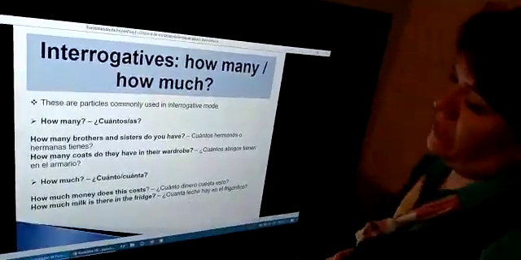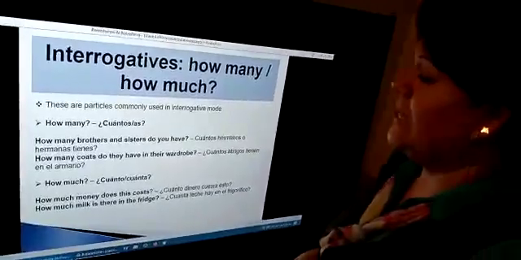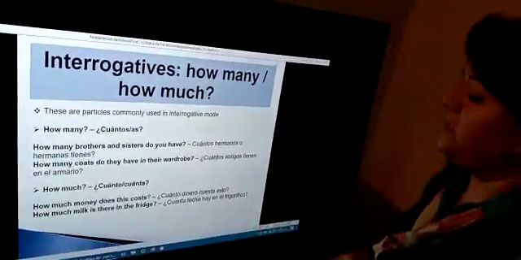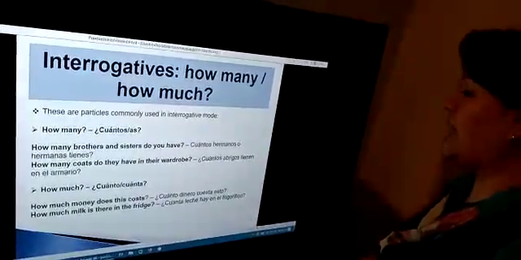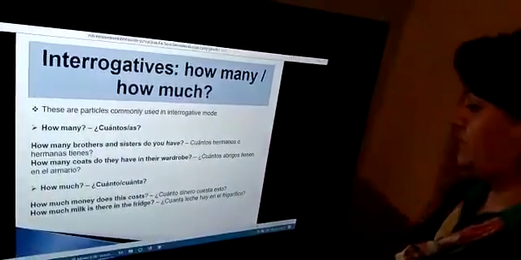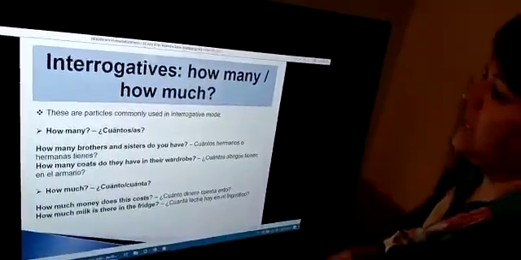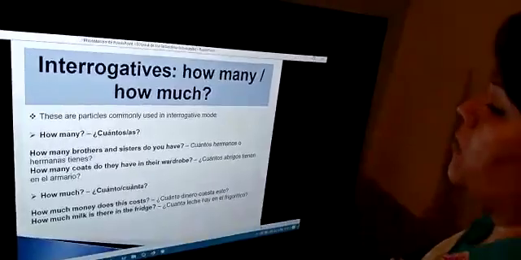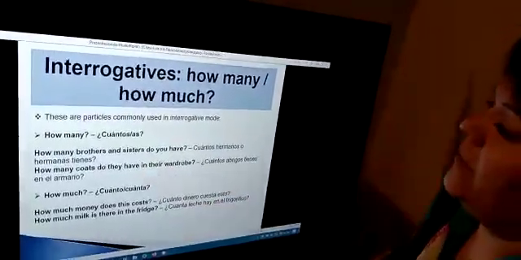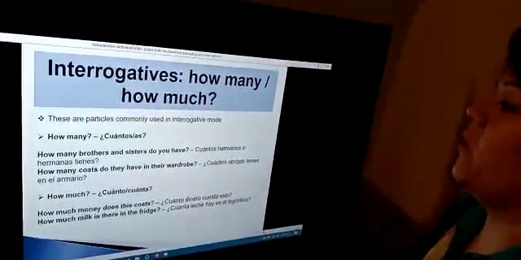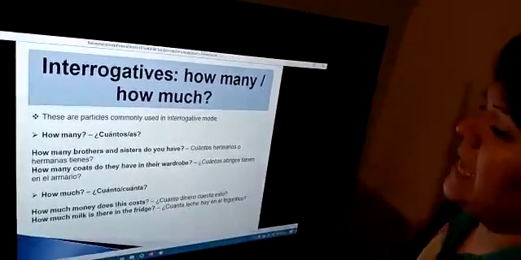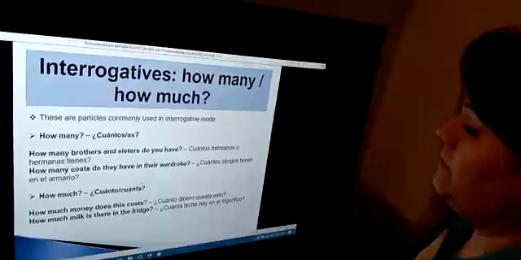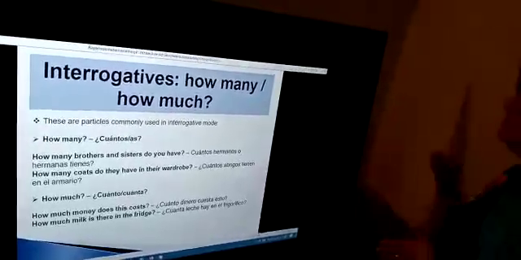Another example: how much milk is there in the refrigerator? In Spanish, ¿cuánta leche hay en el refrigerador? Okay, this is interrogative, how many and how much. How many is cuántos o cuántas, and how much is cuánto o cuánta. Okay, let's see another one.